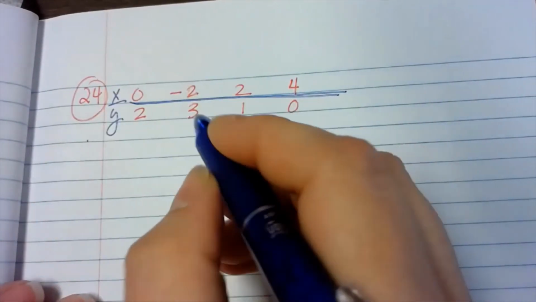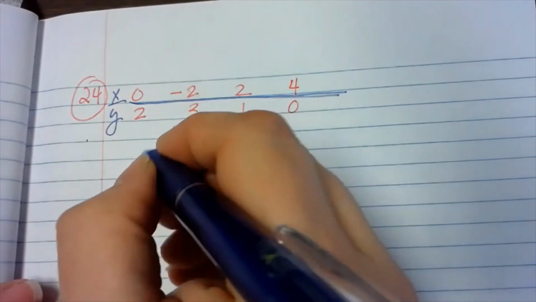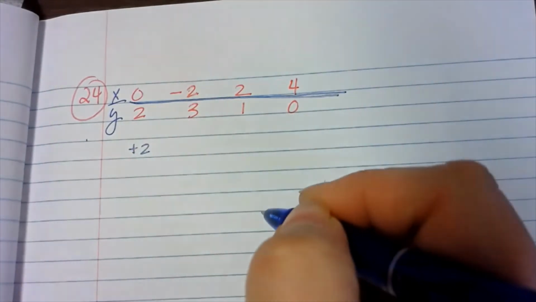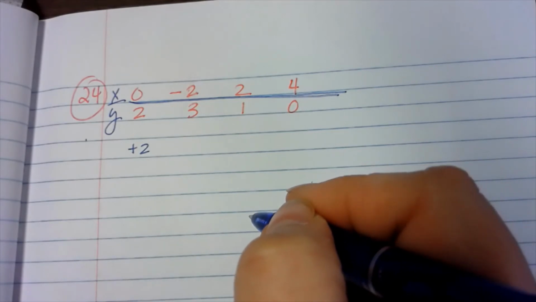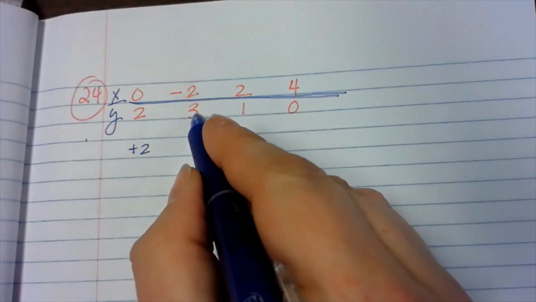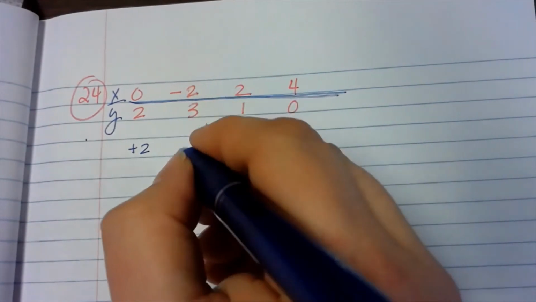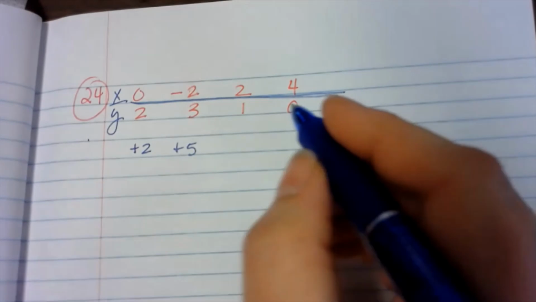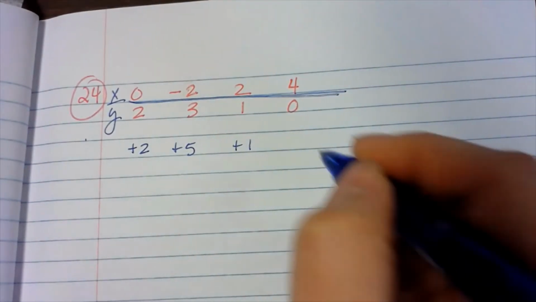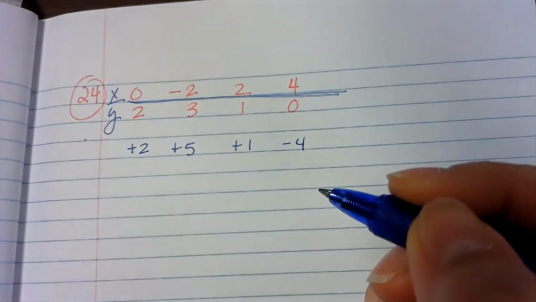I'm just going to look for that relationship. All right, so 0 to 2 is plus 2. -2 to +3 is plus 5. Plus 1 and -4.